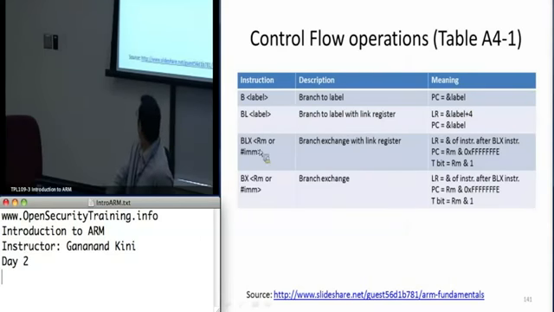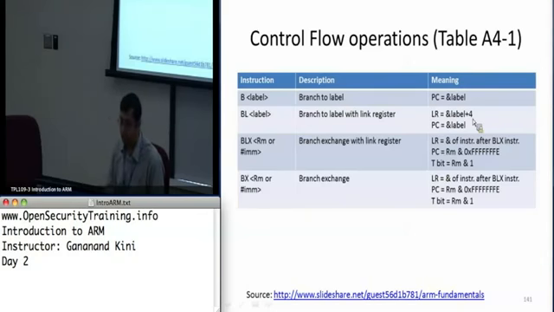For BL, branch with link, and BLX, branch exchange with link, what happens is you have the link register. The link register gets updated with the address of the label +4, and the PC gets assigned the address of the label. And this is because you have the whole pipelining occurring.